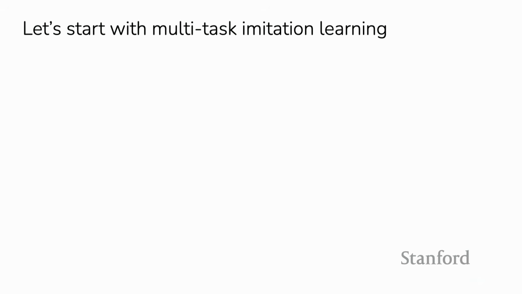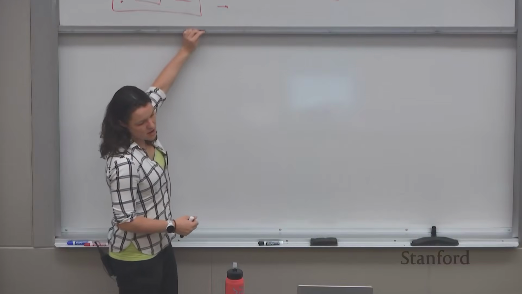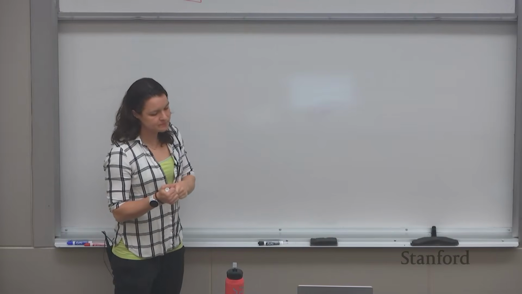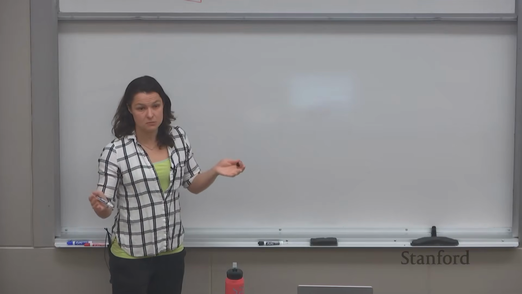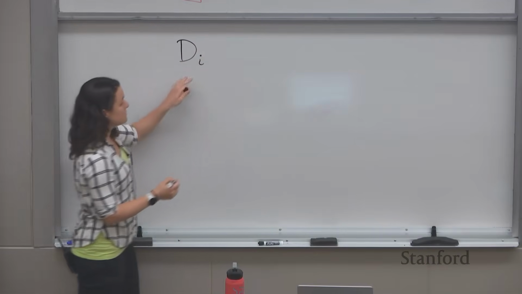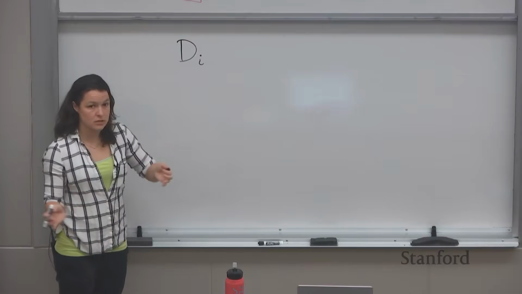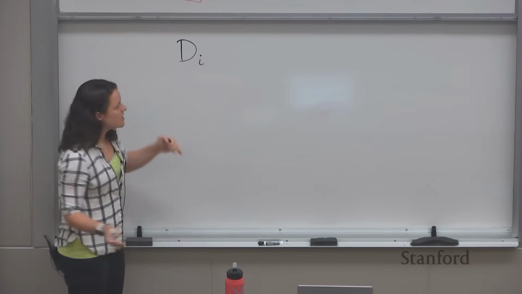So in terms of this problem setup, let's actually look at an example. We get to start with multitask imitation learning. In the multitask imitation learning setting, we can think of it as if we have different tasks i. If the number of tasks is a relatively small number, then you can basically think of it as having some set of demonstration trajectories for each task, where each of these contains expert demonstrations.